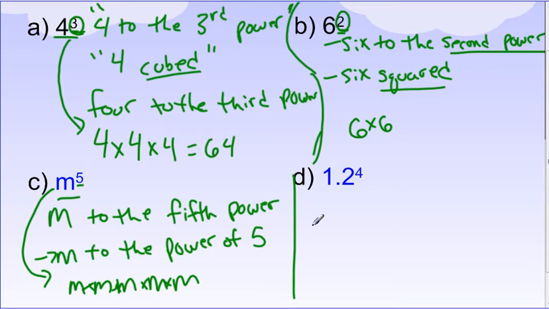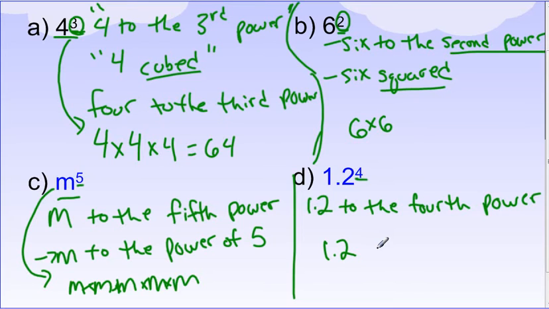Letter D, this would be 1.2 to the fourth power. And in terms of math, that would be 1.2 4 times. And multiply.